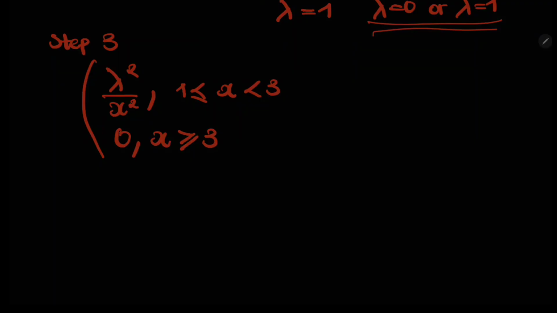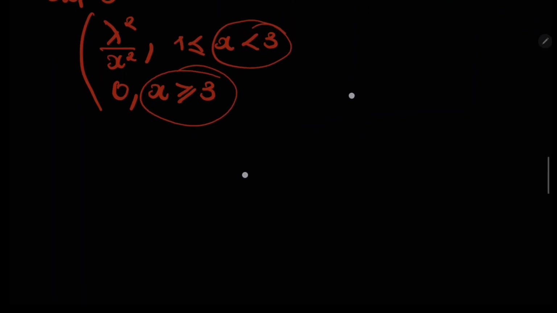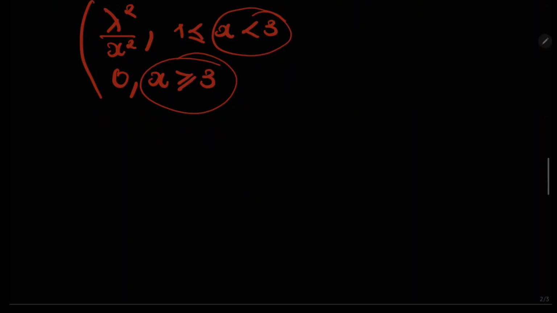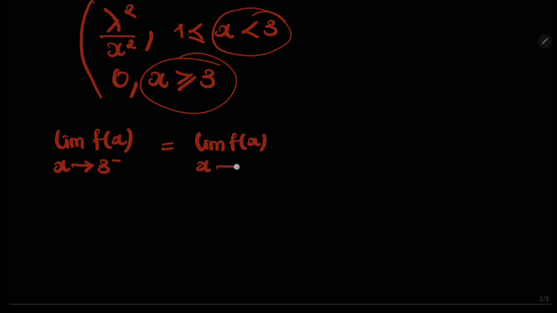So from here again, we can see our point of continuity, because here x is below 3 and here x is above 3. So again, from the formula, the limit of f of x as x goes below 3 is equal to the limit of f of x as x goes above 3.